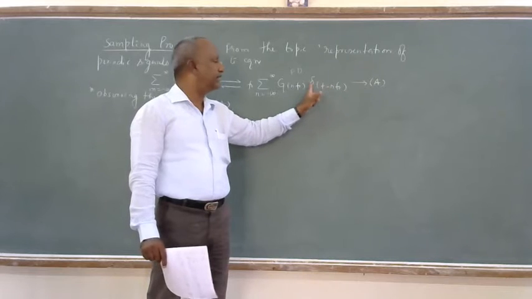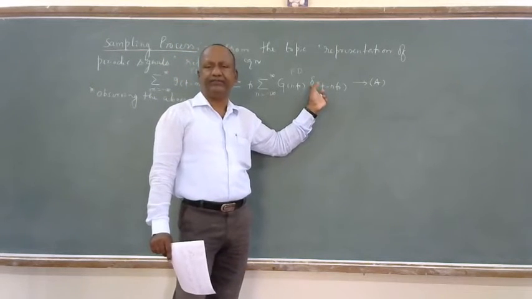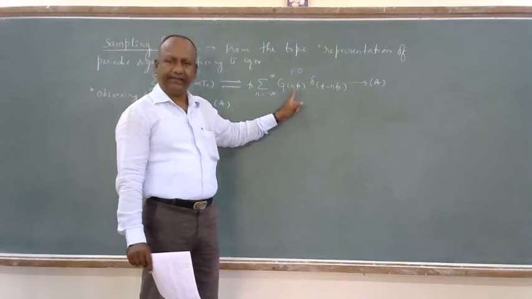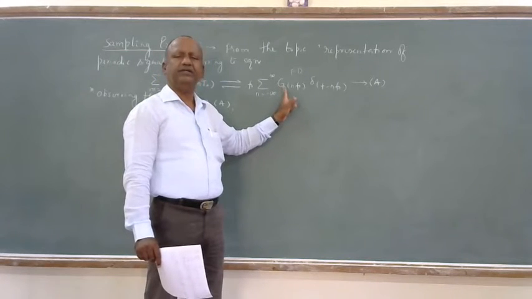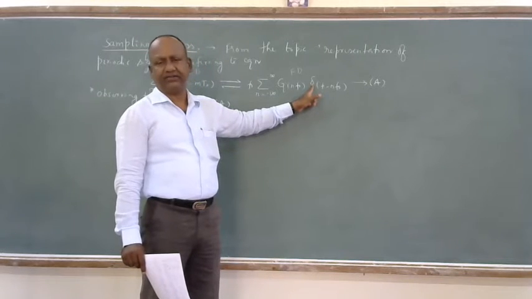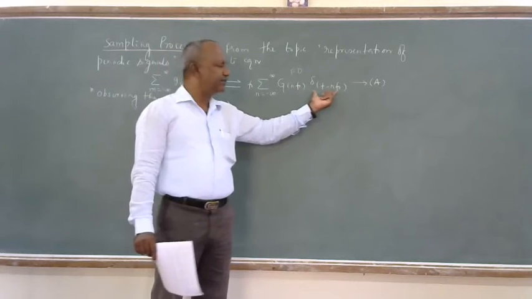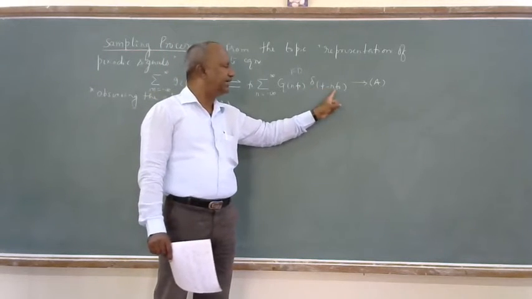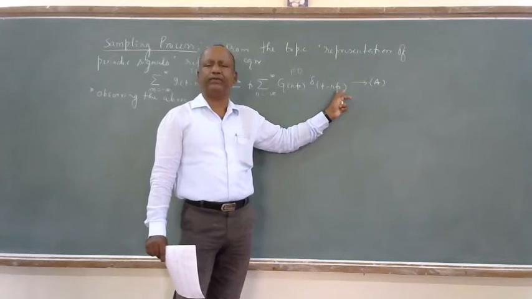The delta functions are available in the form of an infinite sequence, with the amplitude of each delta function being the value of the spectrum at that instant, acting like a weight on this delta function. So it is representing an infinite sequence of delta functions occurring at integer multiples of the fundamental frequency f naught, which is equal to 1 by t naught.